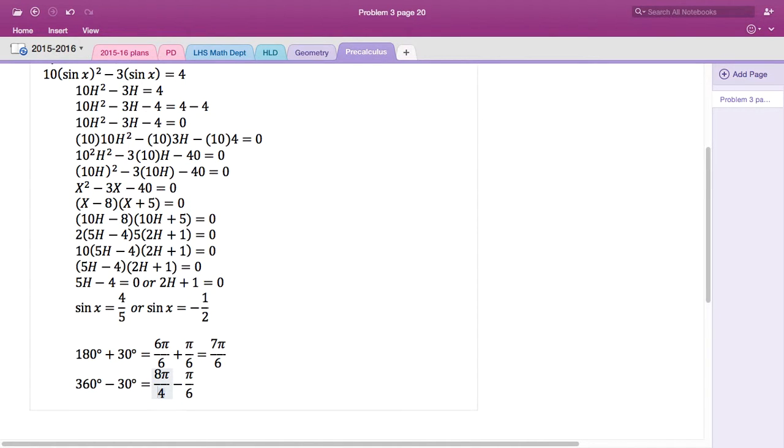Oh, that is 2 pi, but we don't have a common denominator, so we should put 12 pi over 6. That really is 11 pi over 6.